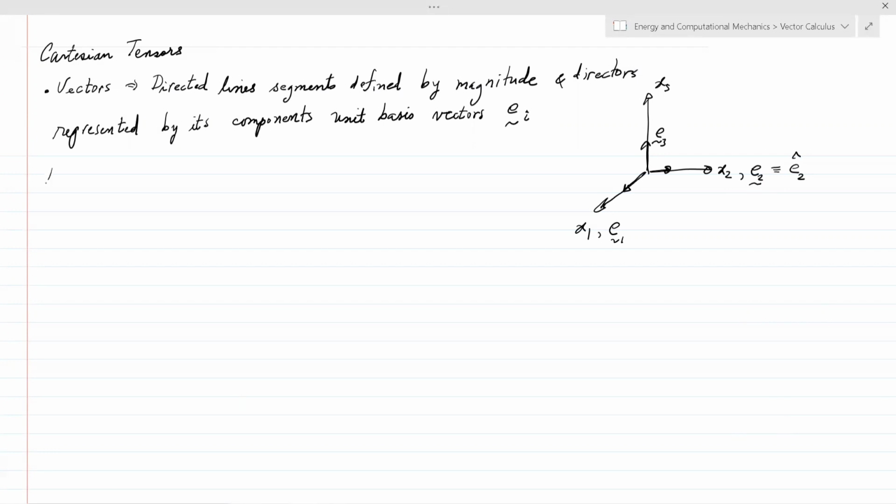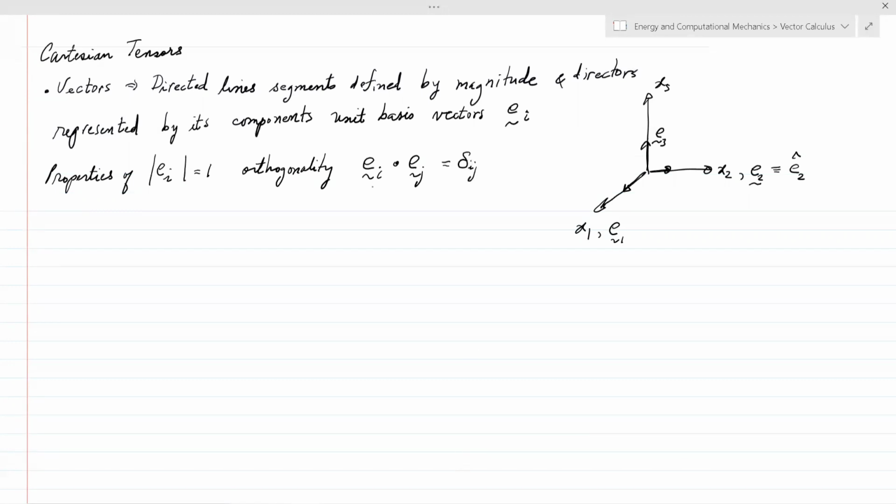And so if we look at the properties of this unit vector E_i, the magnitude of E_i will be 1. And you're going to also have orthogonality. Meaning, if I take E_i dot product with E_j, then that will be the Kronecker delta.